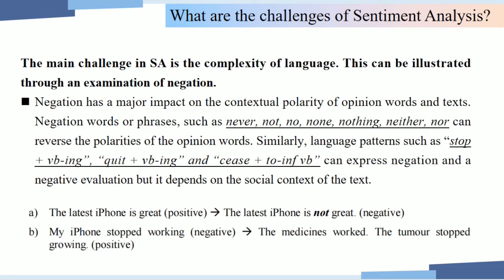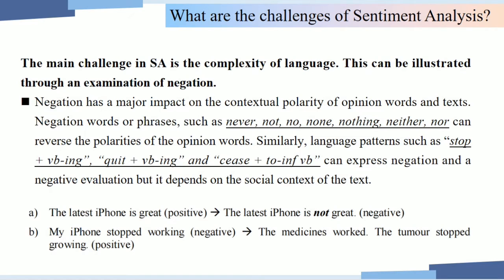Firstly, what are the challenges of sentiment analysis? The main challenge is the complexity of language. This can be illustrated through an examination of negation. So the first challenge is negation. Negation has a major impact on the contextual polarity of opinion words and text.